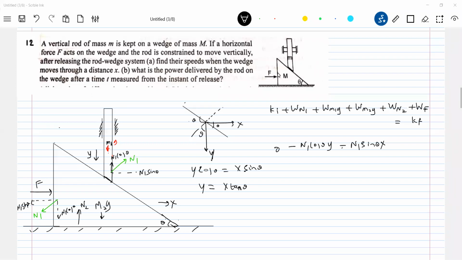I'm not releasing from rest here. Some external force is applied. So here Y will come upward actually. Then the constraint equation should change here. Yes, I'll change it, no problem. So this will be theta. Then also things are the same: y cos theta equal to x sine theta. There's no problem with that.